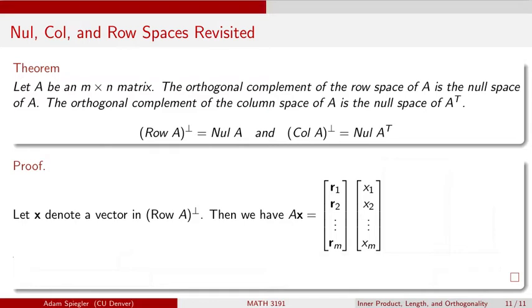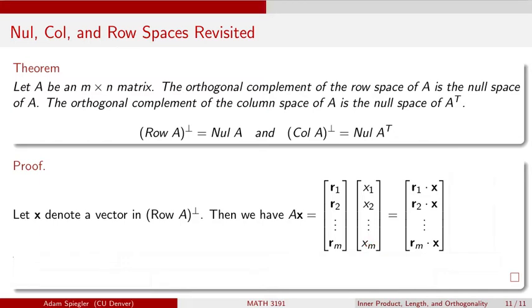Now if I were to take the product of A and x, I would take each of the entries in row 2 and multiply them by each of the entries in this vector and then add them all up.